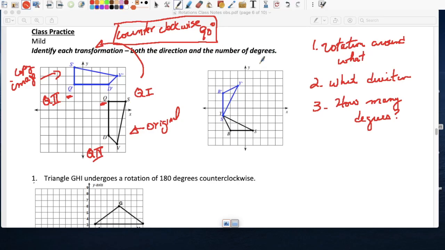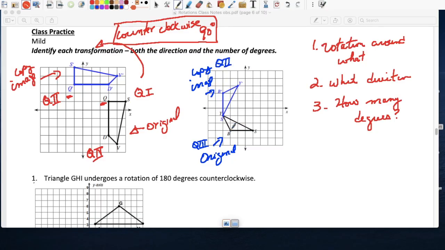Pick another color. Let's pick a letter. Let's pick letter B here. That one says B prime and this one says B. So this is the original triangle, and this is the image, the copy. Okay, so again, focus on one point because it's going to apply for all the other points. So point B is in quadrant 3, and it went to quadrant 2.